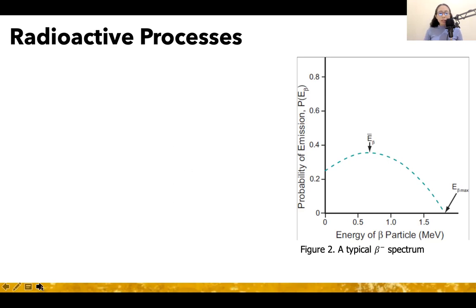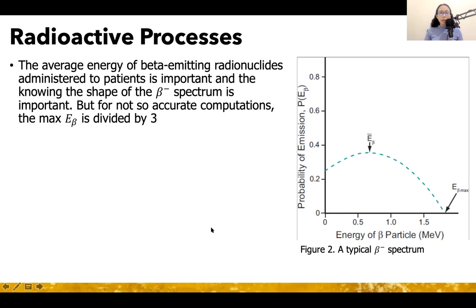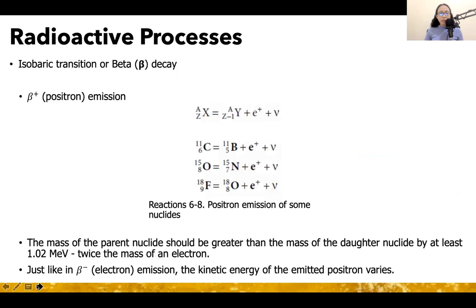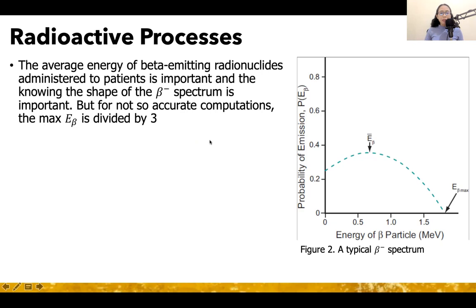Now, this beta spectrum is actually very relevant in applying radionuclides in hospitals. So the average energy of beta emitting radionuclides administered to patients is important.